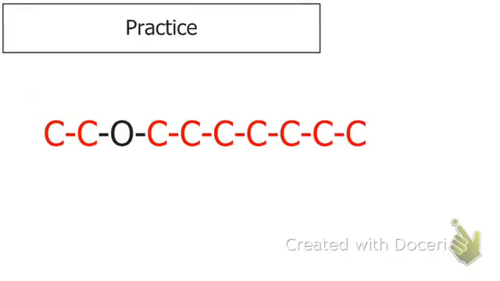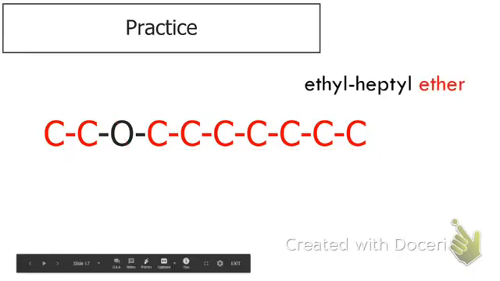Here we have our ether. This is ethyl, and this is a 7-carbon chain of heptyl. Ethyl comes before heptyl, so this is called ethyl heptyl ether.